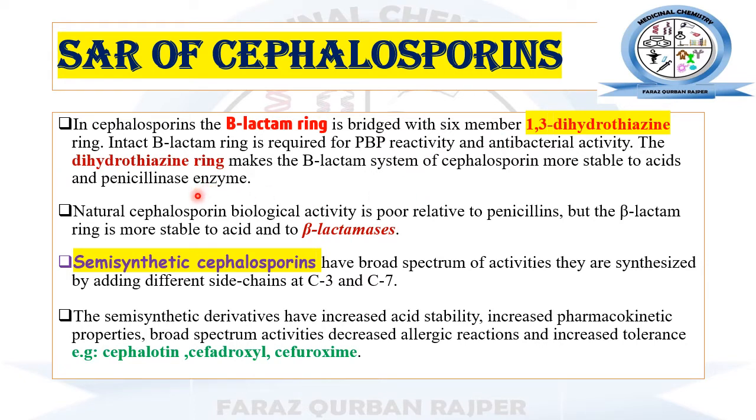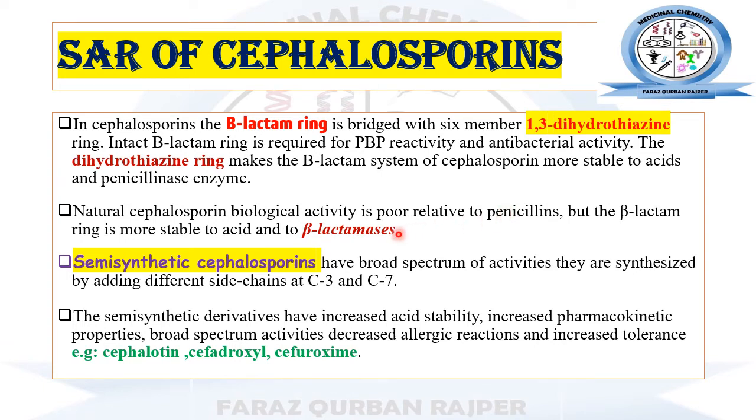So basically these natural cephalosporins have less activity in comparison to the penicillin, but their beta-lactam ring is more stable towards the acids and beta-lactamase. Their antibacterial activity is a little bit lesser in comparison to the penicillin, but their resistance towards the gastric acid media and the beta-lactamase enzyme is more.